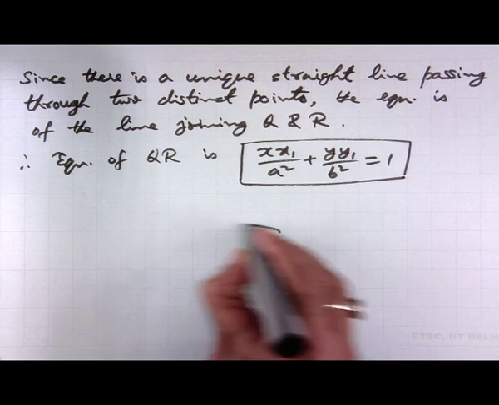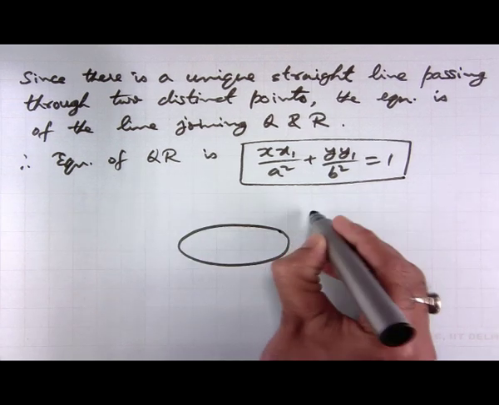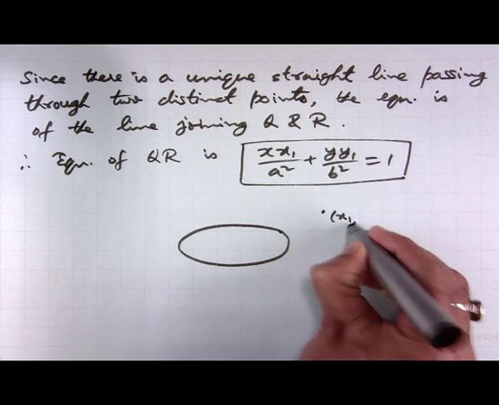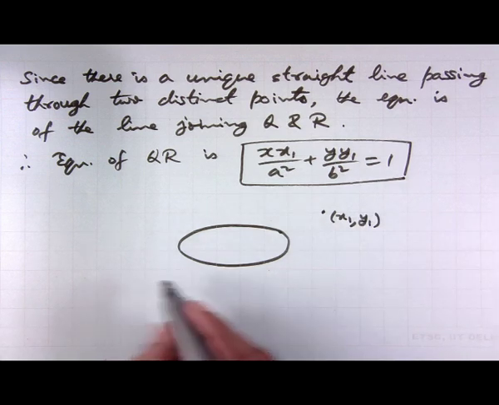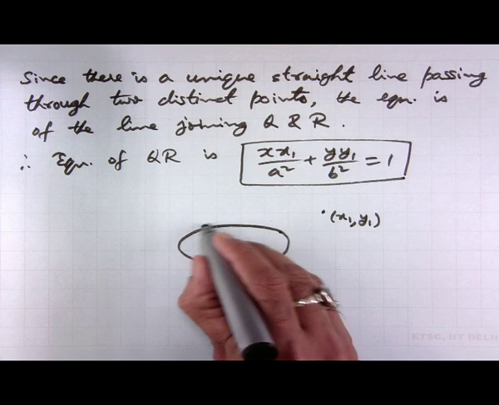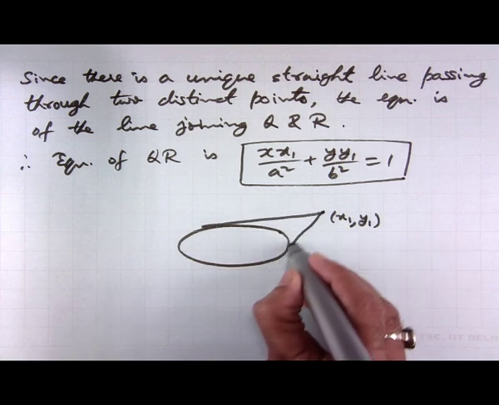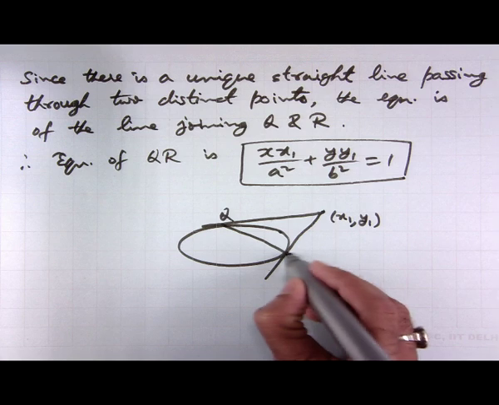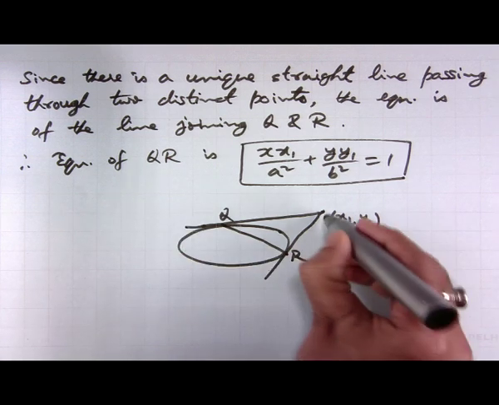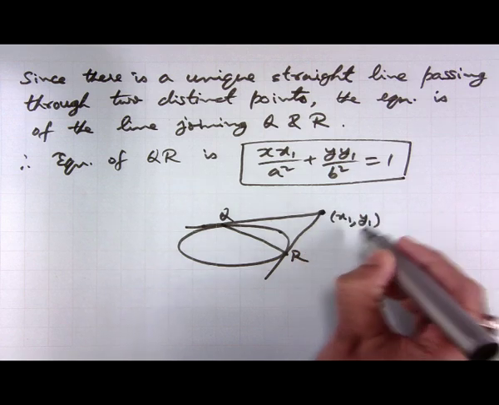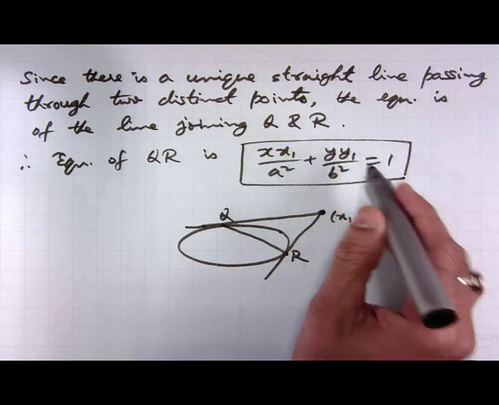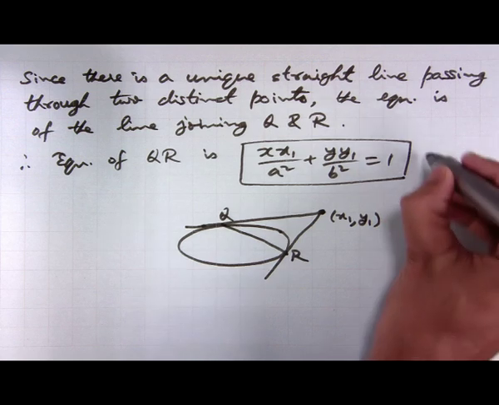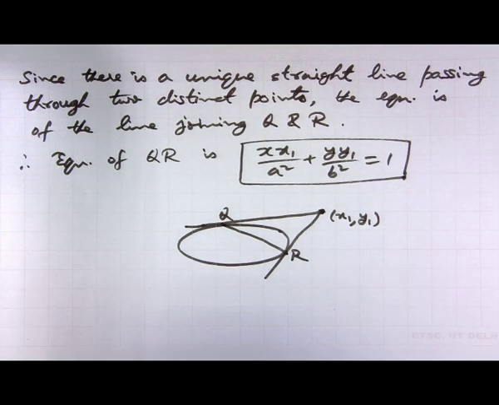So, we have this ellipse and we have any point x 1 y 1, and then the equation of the chord joining these 2 points Q and R is obtained by plugging in x 1 y 1 in the equation of the tangent line at a point on the ellipse. This gives us the formula for the equation of the chord.